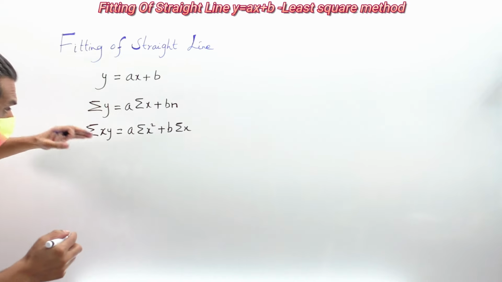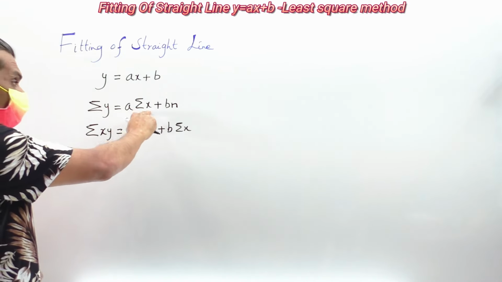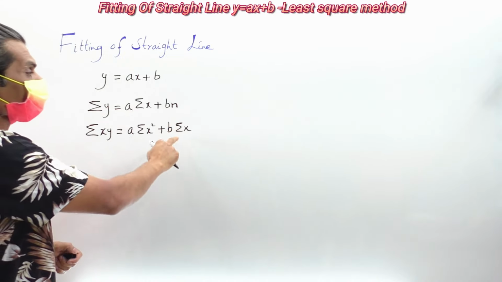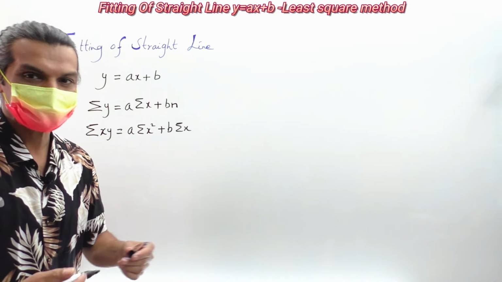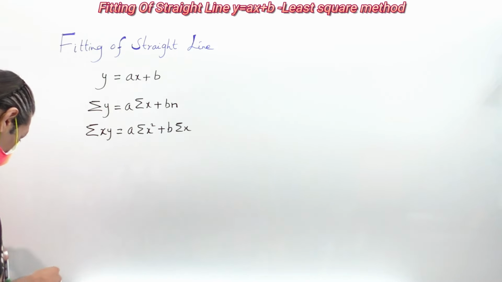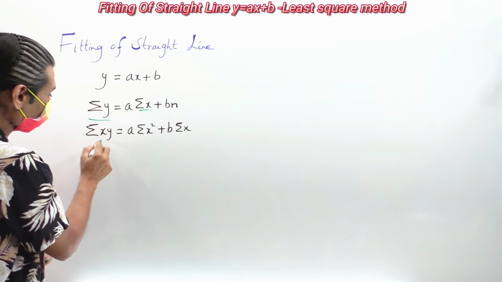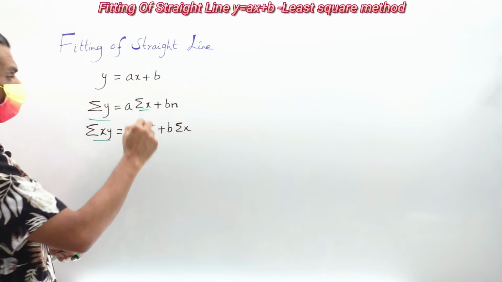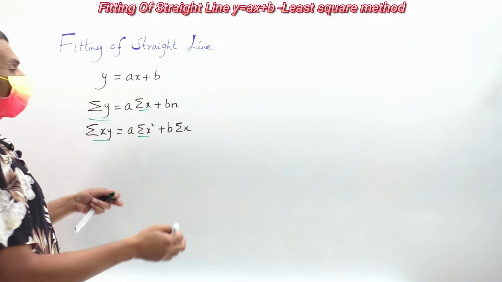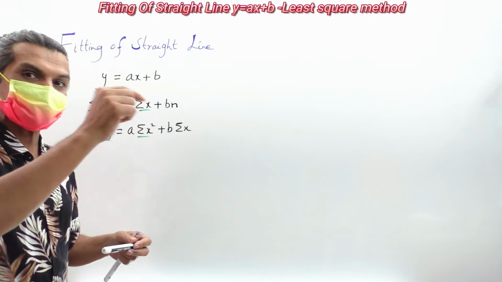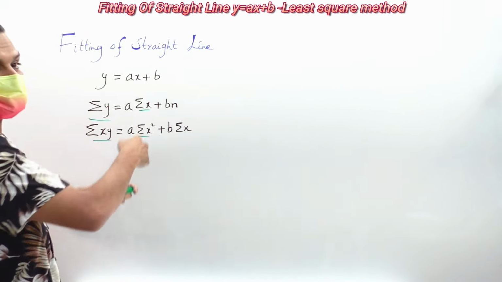So sigma x into y is equal to a sigma x square plus b, n becomes what? Sigma x. That's it. Okay. That means you need to find the values of sigma y, sigma x, sigma xy and sigma x square from the table and find the values of a and b by putting in a calculator or solving the simultaneous equations.